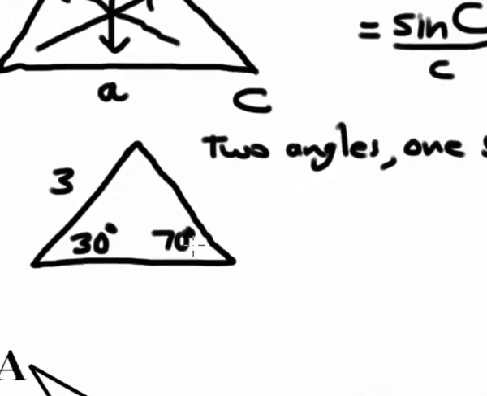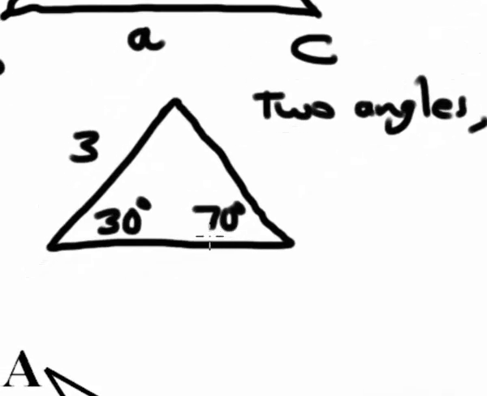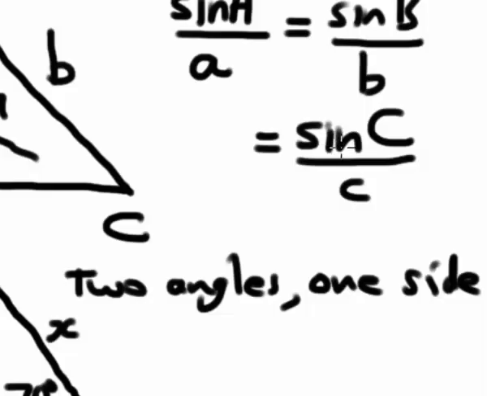If I've got the 2 angles and 1 side, I can use the sine rule to do some calculations in there. You might want to, for example, find the side x there. We're going to be revising that when you've got 2 angles and 1 side, you can use the sine rule, this rule up top here.